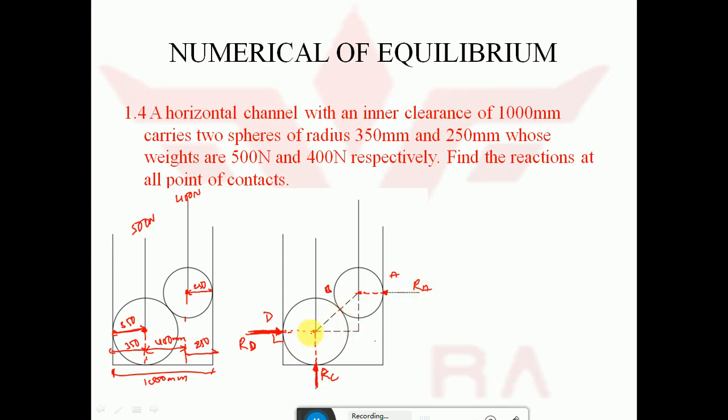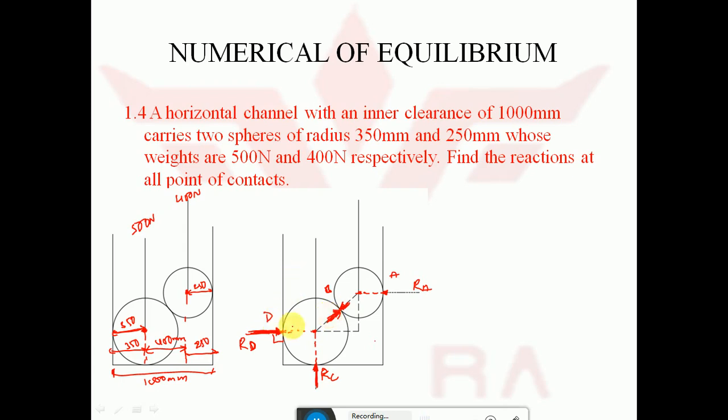This sphere will be exerting a force in this direction, and this sphere in turn will exert a force in the opposite direction. So on this sphere RB will be upward, and on this sphere RB will be in the downward direction.